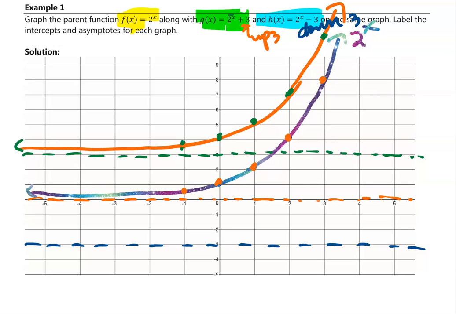So from this point, 1, 2, 3. From this point, 1, 2, 3. And another one from this point, 1, 2, 3. Now let's follow this. So you have this graph.